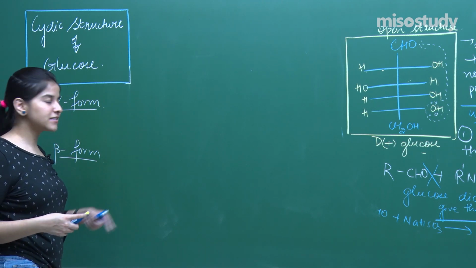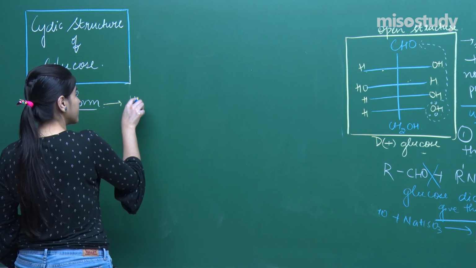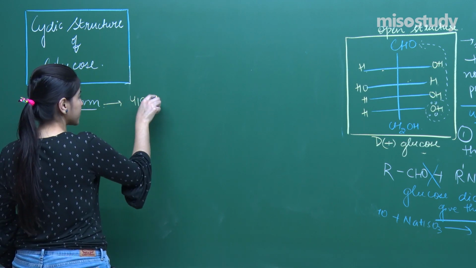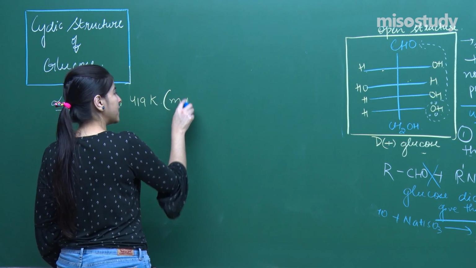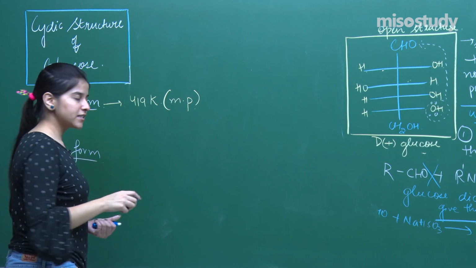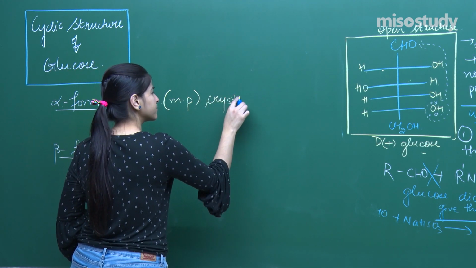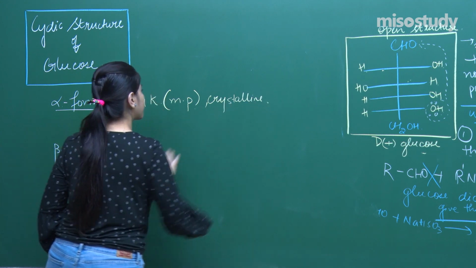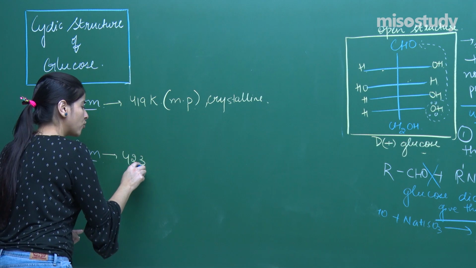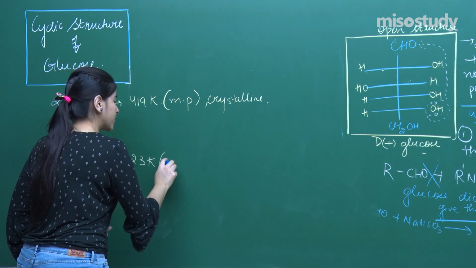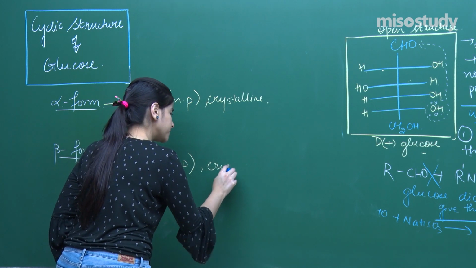Glucose exists in both of the forms and the alpha form has a melting point of 419 Kelvin. It's the crystalline structure. And this beta form has got a 423 Kelvin melting point, right? And again it's a crystalline structure.